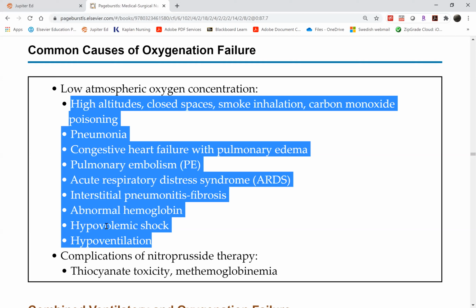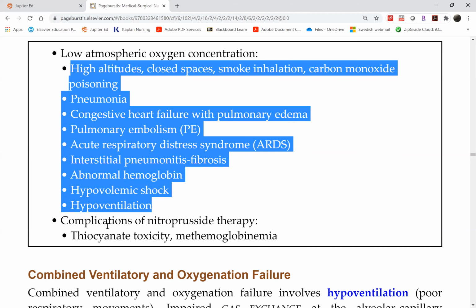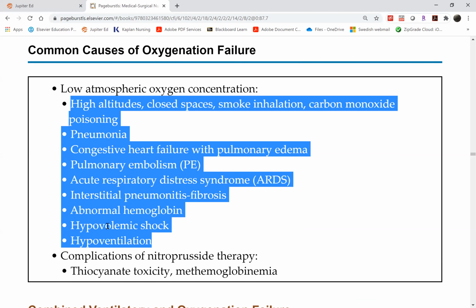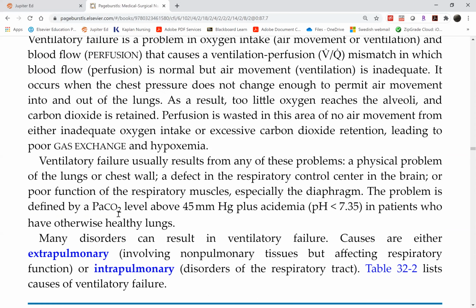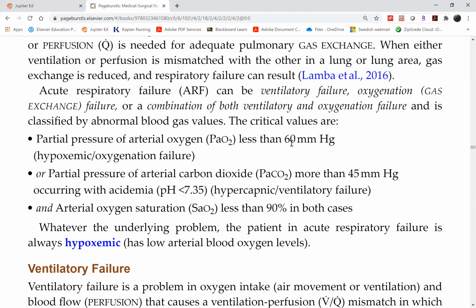So either way, all of these will still result in low oxygen level. This one falls under the first bullet of PaO2 of less than 60. And both of these conditions, of course, will result in a low SaO2.